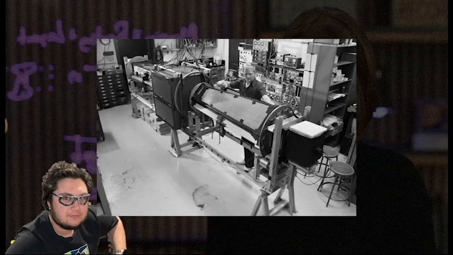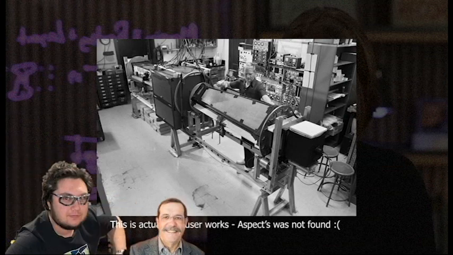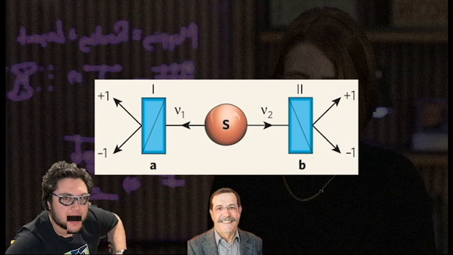The experiments mentioned in the video were done in the 1970s and 80s, and they tested the predictions of quantum mechanics against the principles of local realism. One of the most famous experiments is the Aspect experiment, conducted by Alain Aspect in 1982. In this experiment, Aspect used a setup involving the emission of pairs of entangled photons, in which the polarization of one photon was correlated with the polarization of the other.